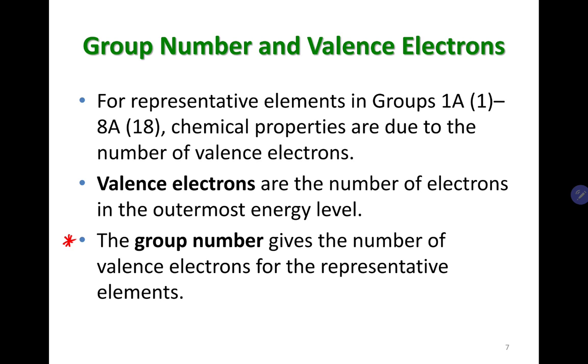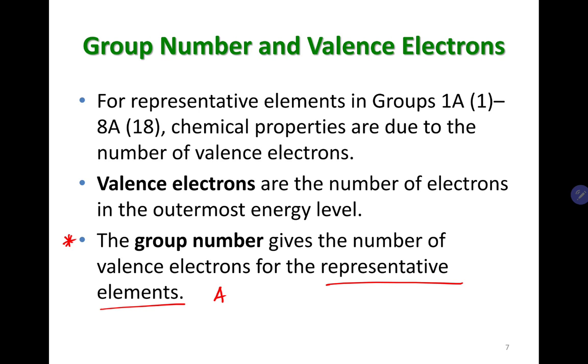Okay, for now, these group numbers actually tell you something. These group numbers are important, especially the Roman numeral part of the group number. If the element is in the representative groups, or if the group number has the letter A next to the Roman numeral, usually they are known as representative elements.